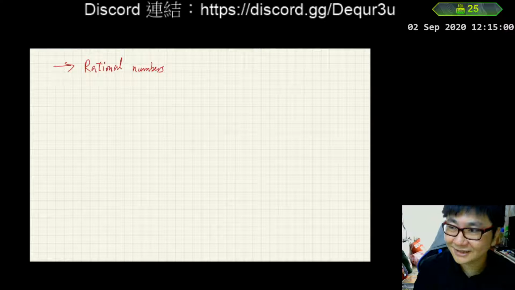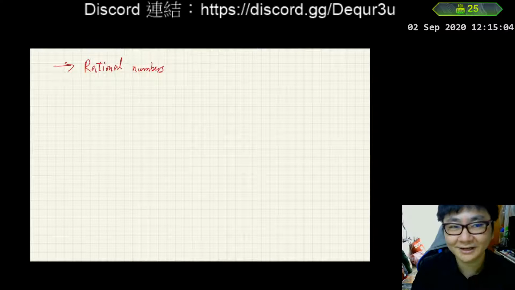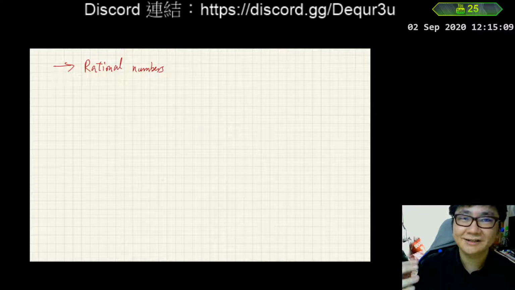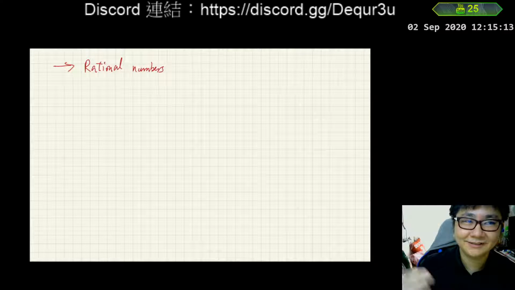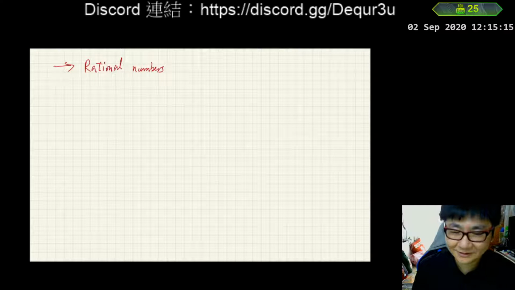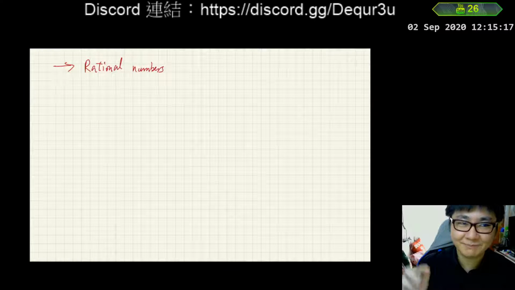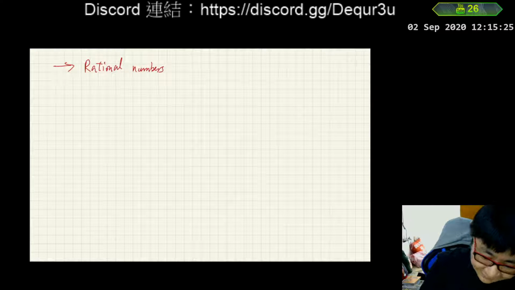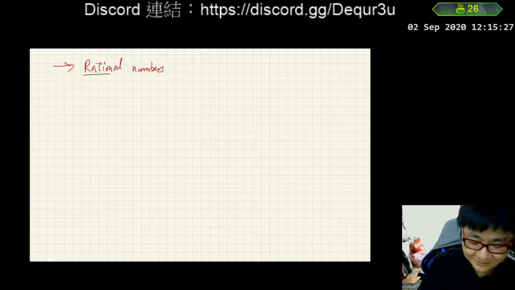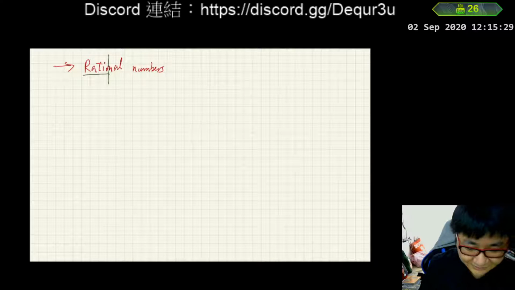Rational number, the Chinese name is also called 有理數, 有理, rational. It means like when you say someone is rational, you say he or she can think very well. Then we call him or her 有理, rational number. However, I think this is a very bad translation, because in fact, this rational number comes from the word ratio instead of rational.